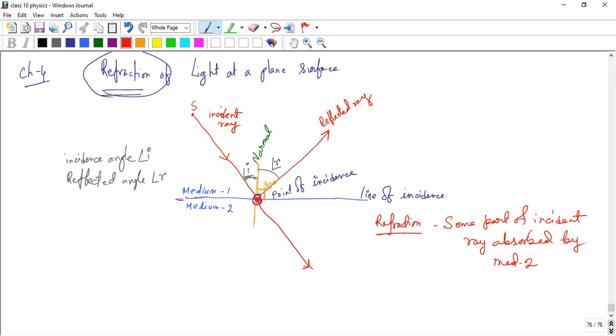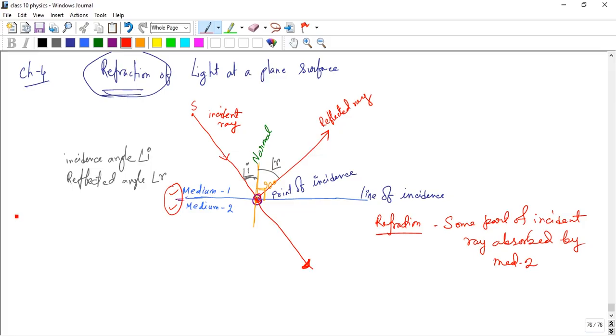But there is a problem. If medium 1 and medium 2 have different densities, medium 1 has one density and medium 2 has another. So there are two cases.